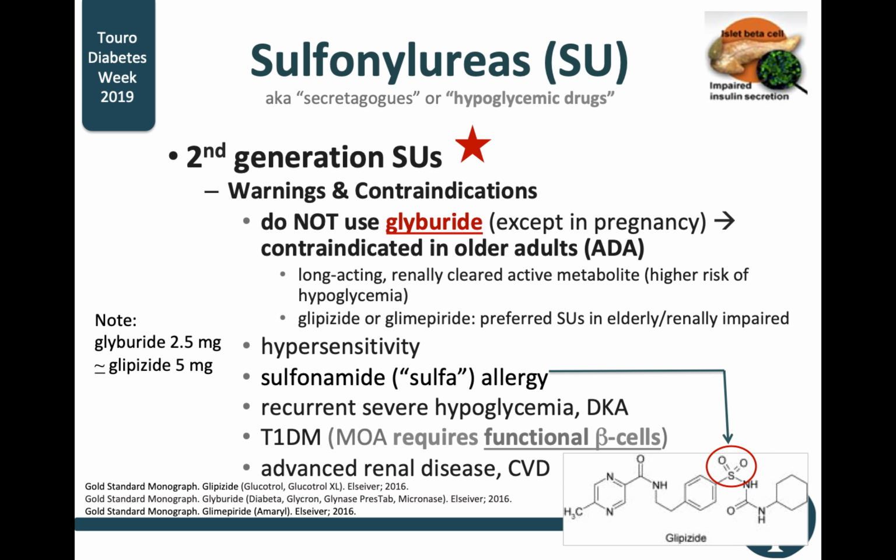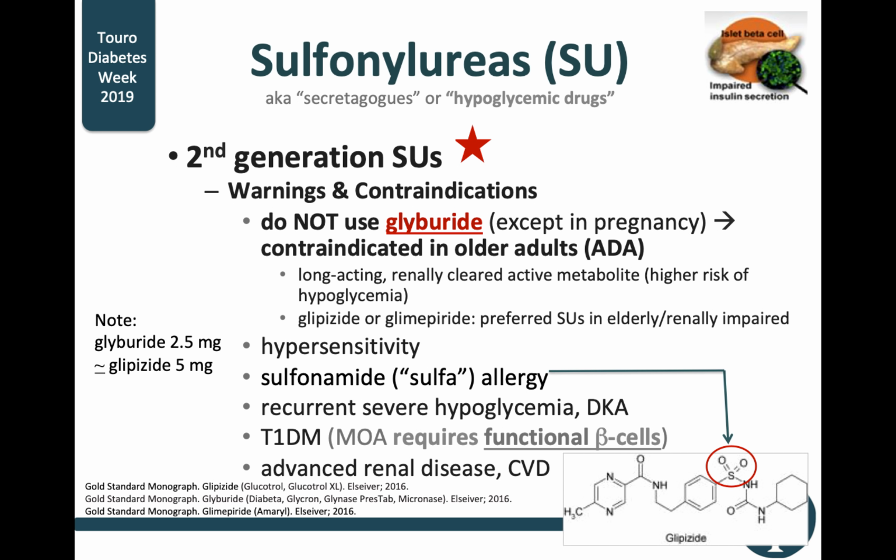So what are the warnings and contraindications? Mostly, if we can, avoid glyburide, except glyburide is used in pregnancy. And the ADA actually listed glyburide as contraindicated in the older generation. The reason is glyburide has a long-acting active metabolite, which is cleared by the kidney.